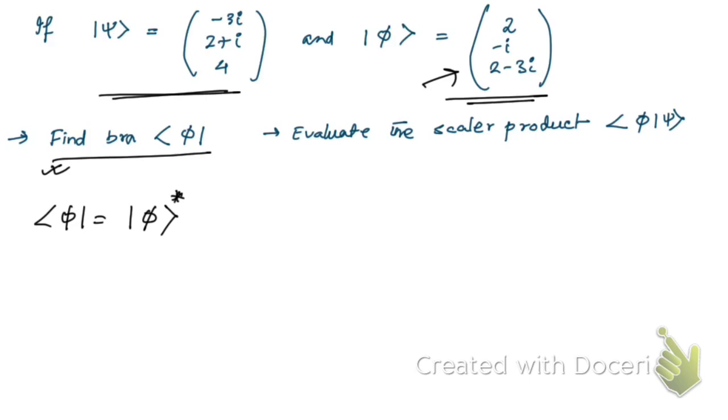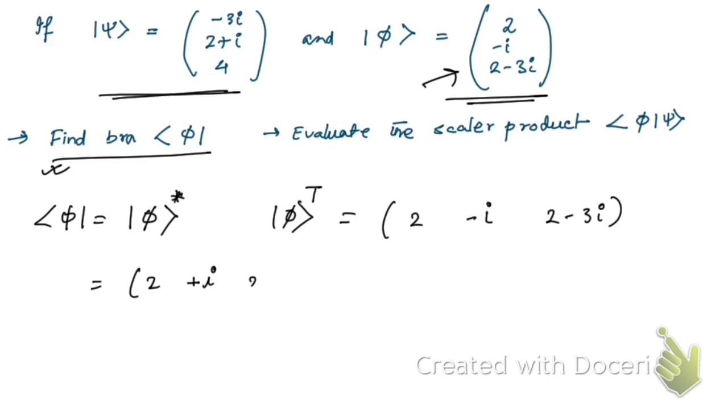If you take the transpose, this column matrix becomes a row matrix: 2, minus i, and 2 minus 3i. If you take the complex conjugate, then 2 minus i becomes 2 plus i and 2 minus 3i becomes 2 plus 3i. So this is the bra phi, right? So hope you have understood this.